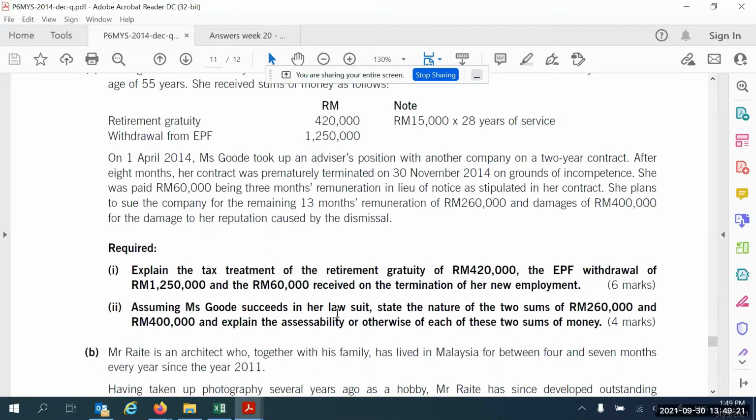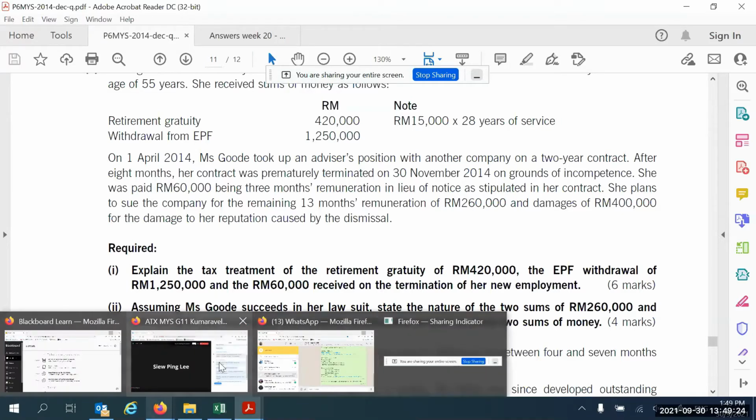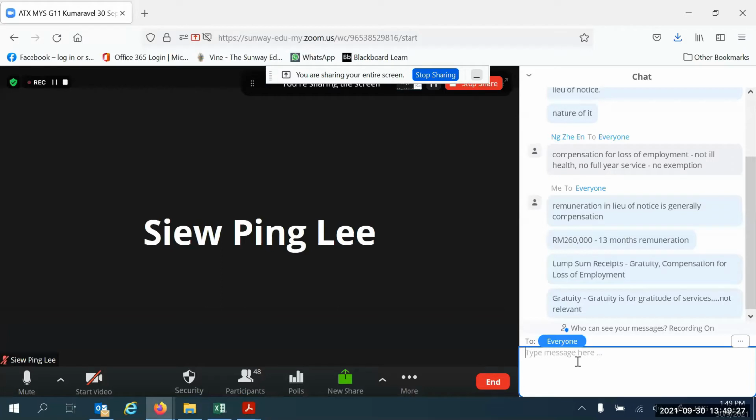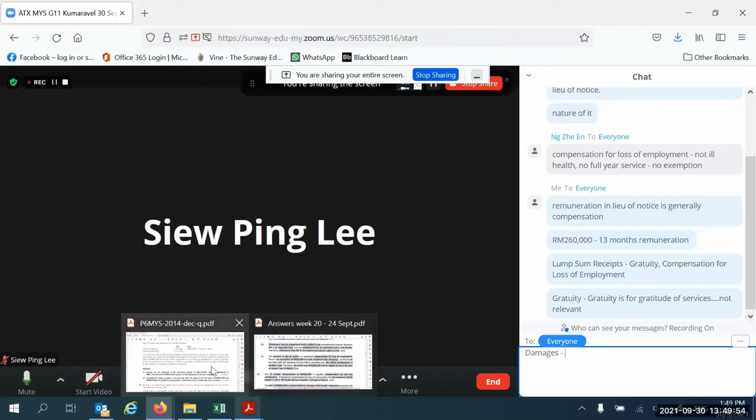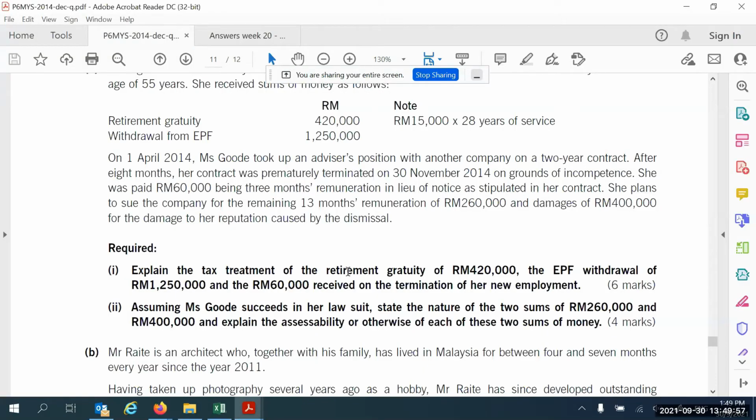Now, the next one is a bit harder. Damages. When you look at the word damages, you can't link it with gratuity or compensation for loss of employment. Whether there are any clues, I doubt there are any.